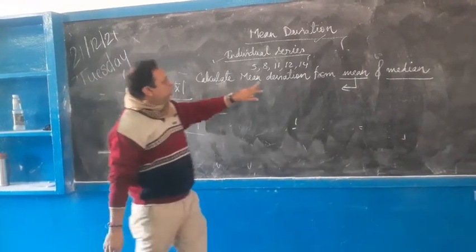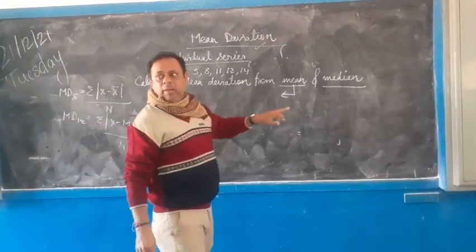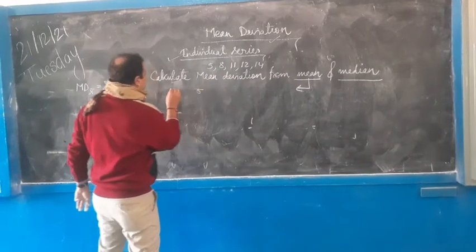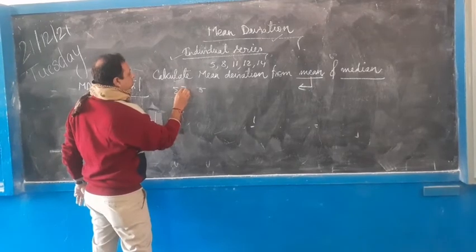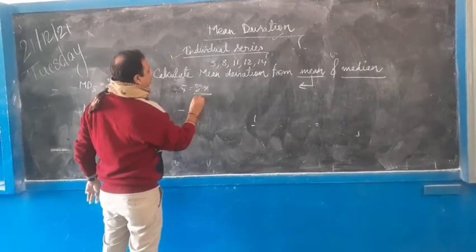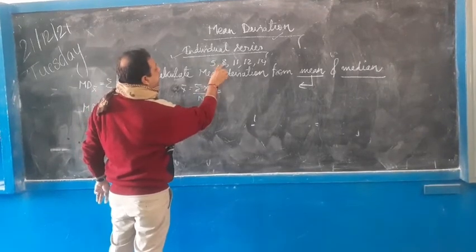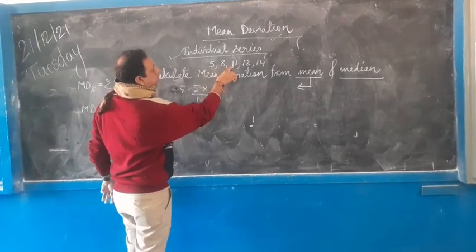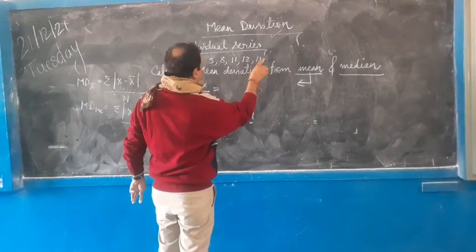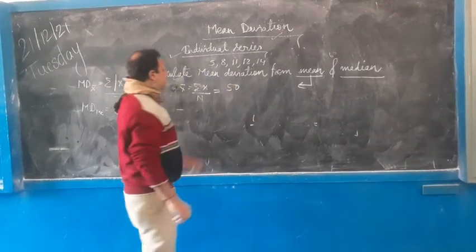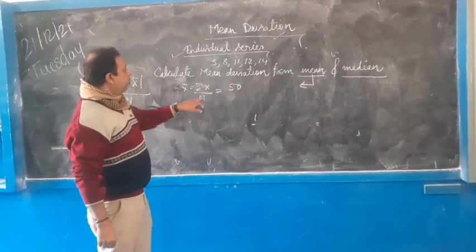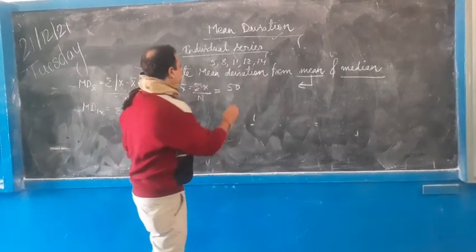Understood? So in order to calculate mean deviation from mean, first we will take the mean of this data. x bar equals summation x upon n. Summation x is coming 50, and the number of observations is 5.